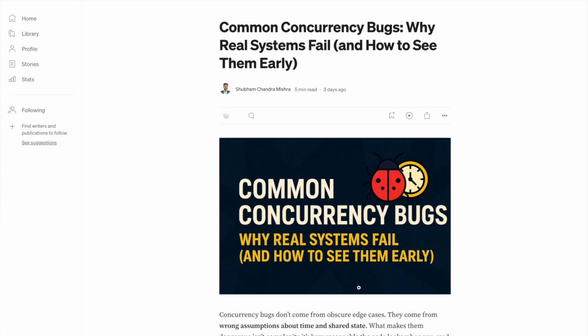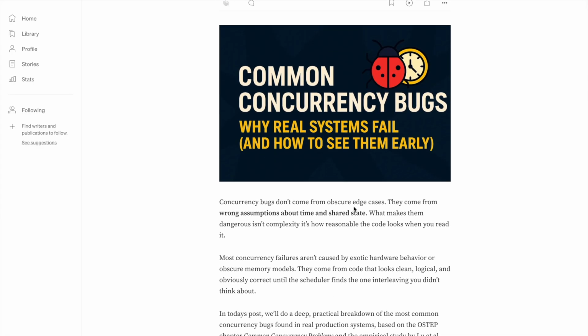So concurrency bugs don't come from obscure edge cases. People think that it will come from edge cases, but in most cases it's basically about how the flow runs and how time and shared data, shared state talk to each other.